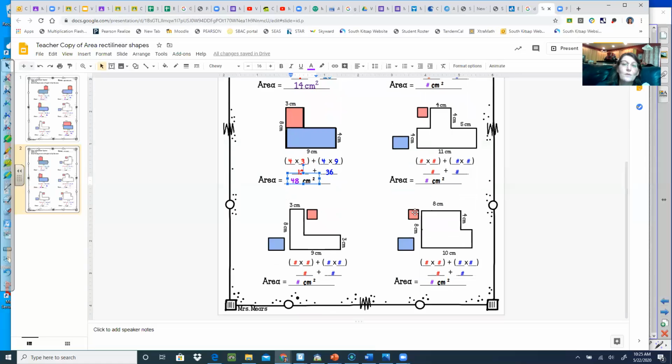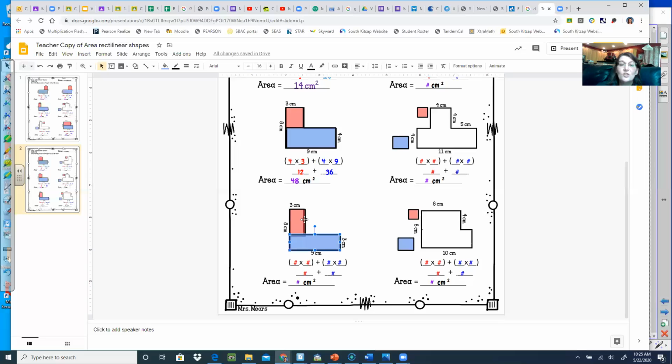Okay, our next shape. I'm going to bring my red over. Have red be the top part. And blue be my bottom part. There we go. Okay, this is not a 3 by 8. 8 is this entire side.